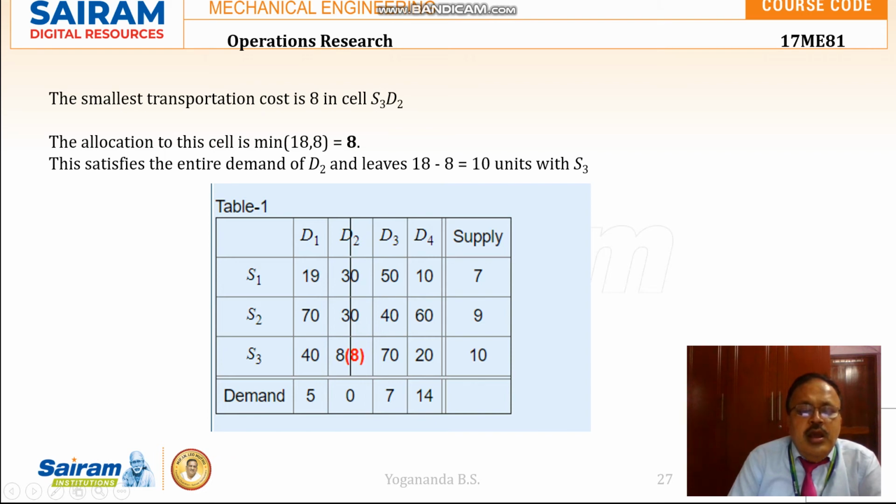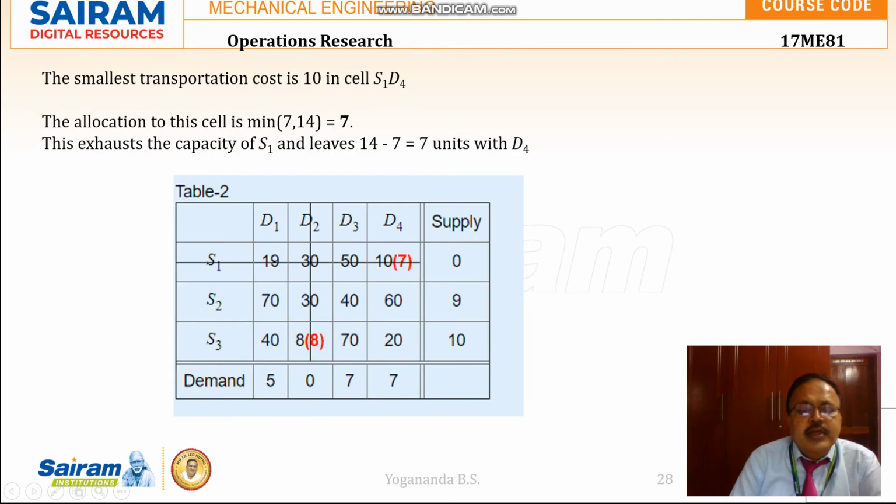Out of 14 units required, 7 are supplied, so 7 more units are required. 14 minus 7 is 7, we write 7 here, and supply is made 0. So get rid of supplier S1.